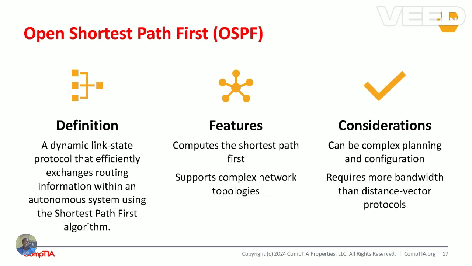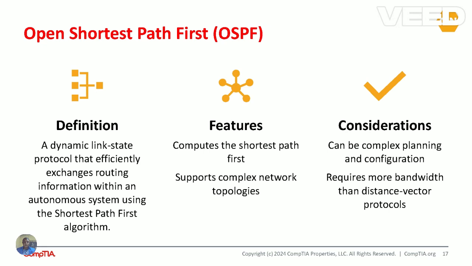Next, we have another dynamic protocol known as Open Shortest Path First. Definition: a link state protocol that efficiently exchanges routing information within an autonomous system using the shortest path algorithm.